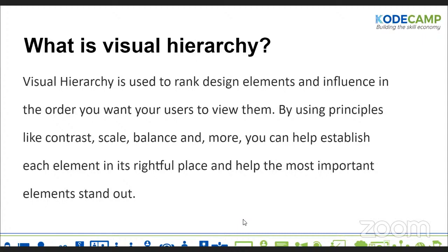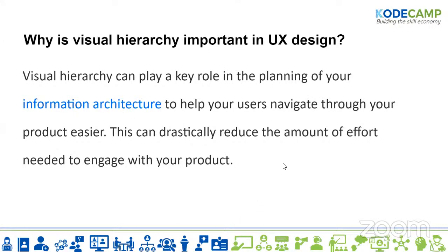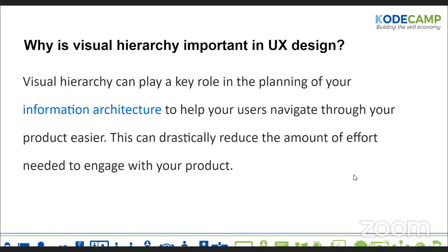So with that being said, why is visual hierarchy important in UX design? Visual hierarchy can play a key role in the planning of your information architecture. We talked about information architecture, the structuring of content to help your users navigate through your product more easily.